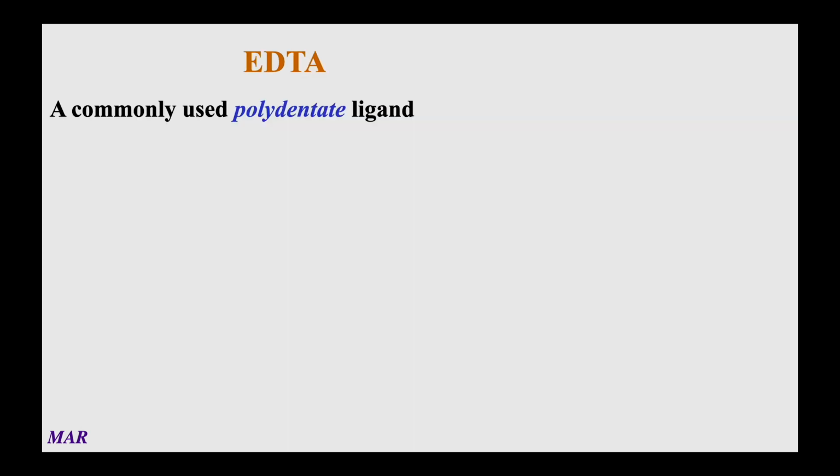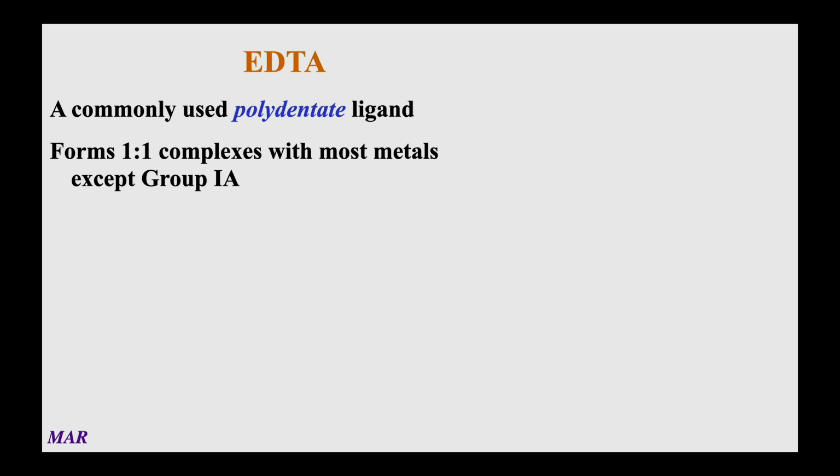EDTA is another example of a ligand that's used a lot, but EDTA is very wild. It's considered a polydentate ligand, which means it can have 2 or more, but up to even 6 different teeth connecting it to the metal atom. EDTA is really fascinating.